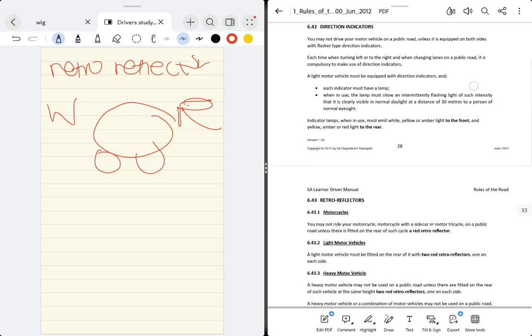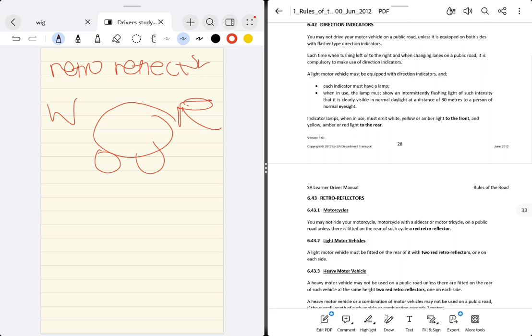A light motor vehicle must be equipped with direction indicators, and each indicator must have a lamp. When in use, the lamp must show an intermittently flashing light of such intensity that it is clearly visible in normal daylight at a distance of 30 meters to a person of normal eyesight.